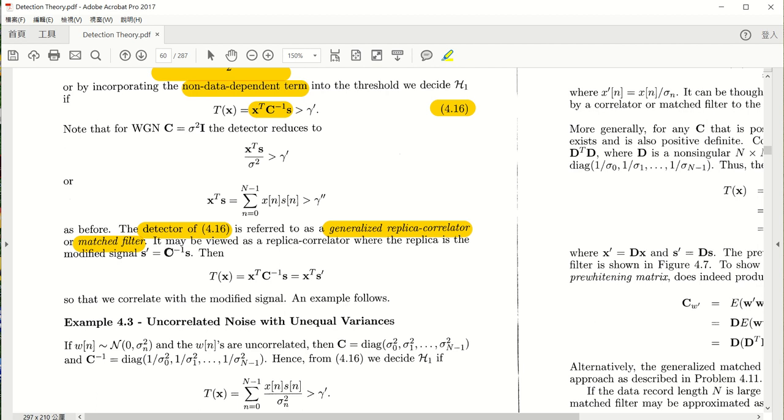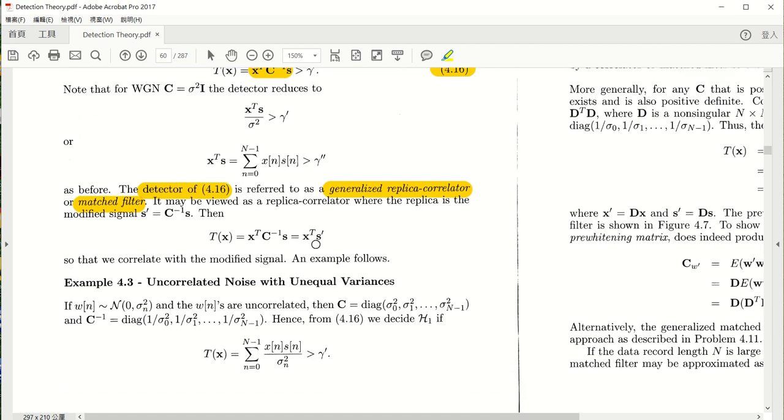Then if this is known, we can again do a change of variable, C minus 1 s, and make it a new notation S prime. As a result, this x transpose, which is from here, we can just give it a new name S prime, then it becomes x transpose S prime, so that it becomes simple, except that the signal has to be processed by this C minus 1.